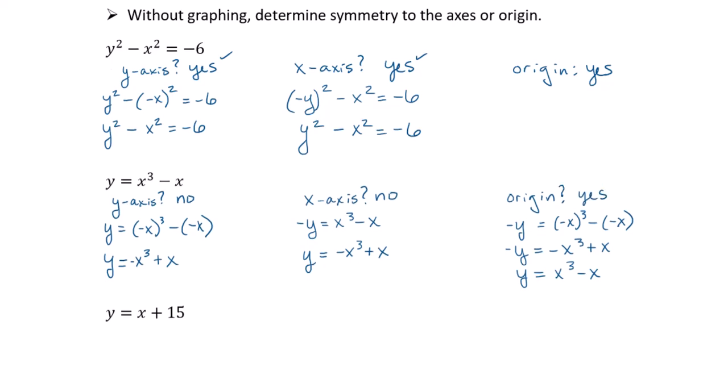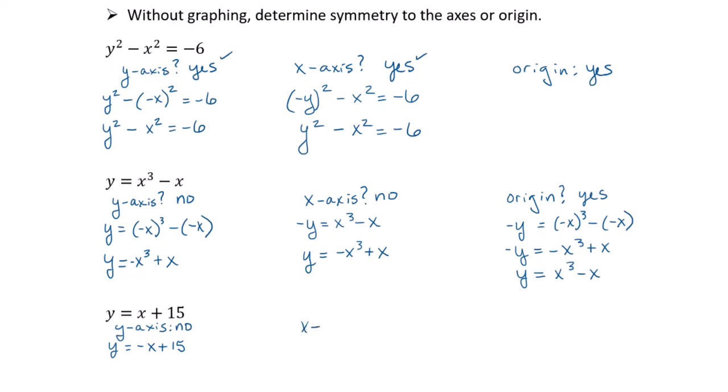Let's try this one, y equals x plus 15. Let's test for y-axis symmetry. So y is negative x plus 15. Easy to see. We're not going to be able to manipulate this in any way to get y-axis symmetry.